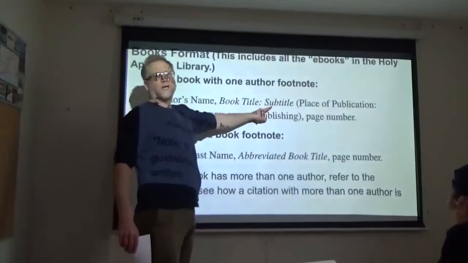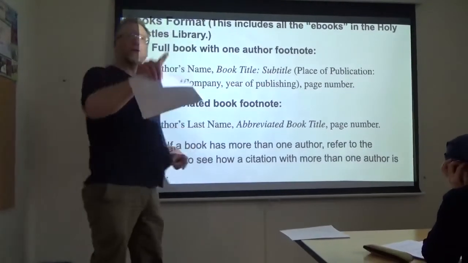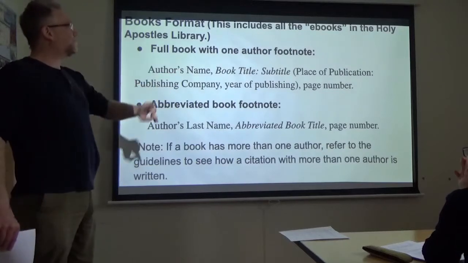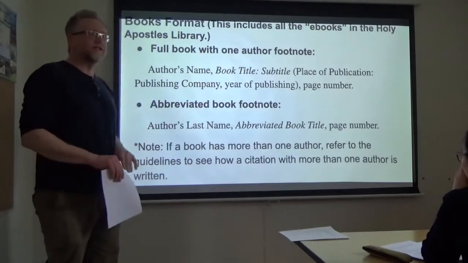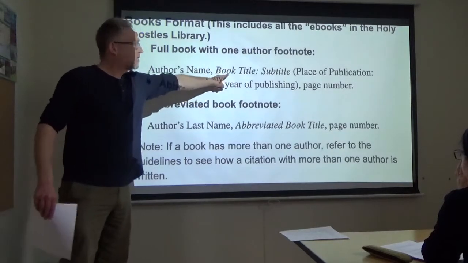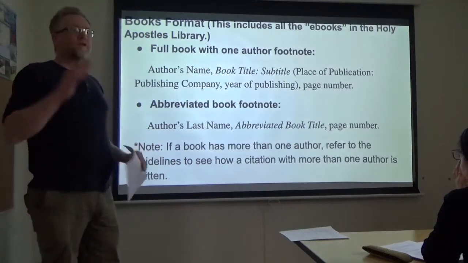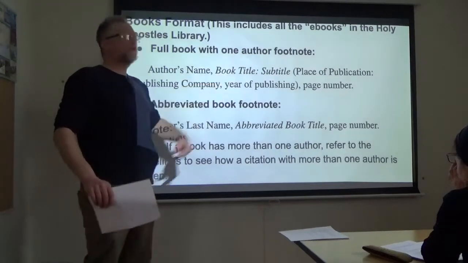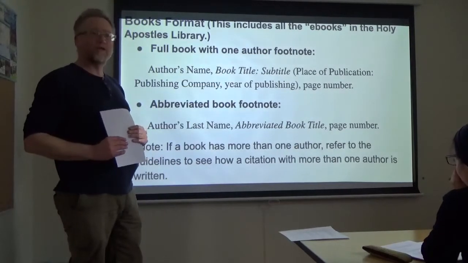Then what do you have? The subtitle. Right. Now, there's something also very important in here. Look at the font. These are not the same. What is this? Italics. Very important.